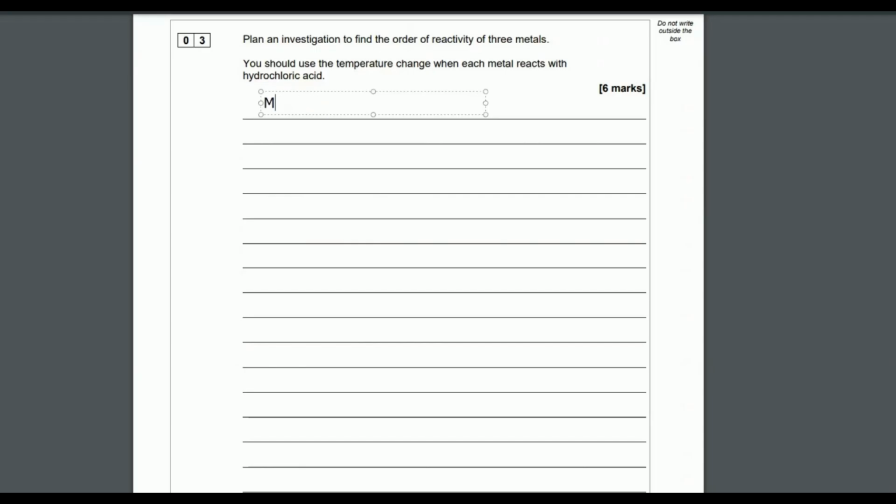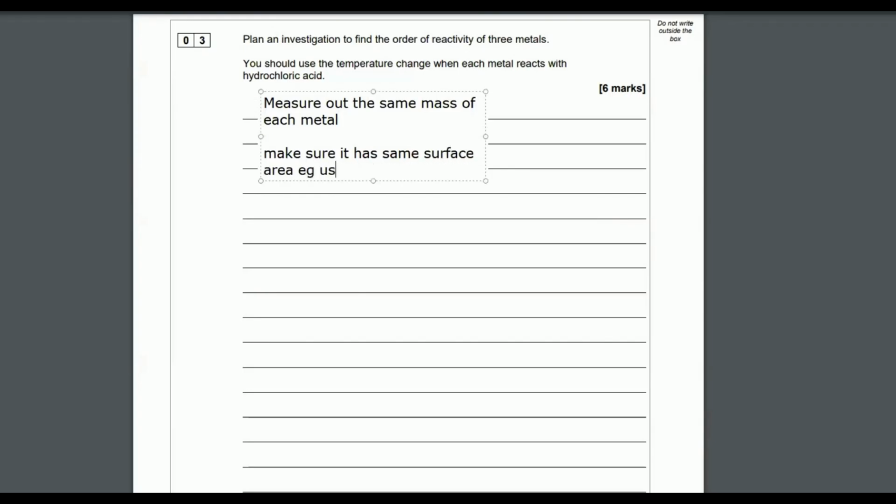we're going to say, measure out the same mass of each metal. Make sure it has the same surface area, e.g. use powder every time. So we're going to use the powder of the metal because then it has the same surface area.